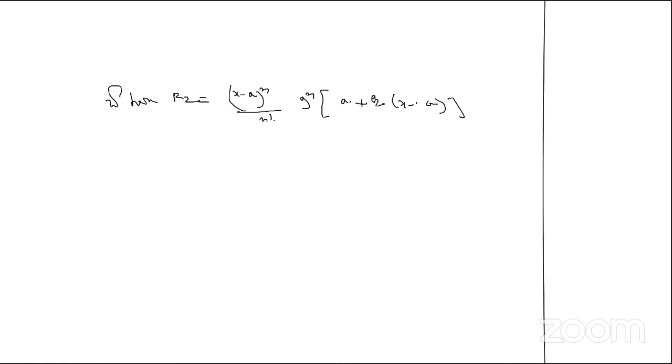That means theta 2 value lies between 0 and 1, 0 less than theta 2 less than 1.